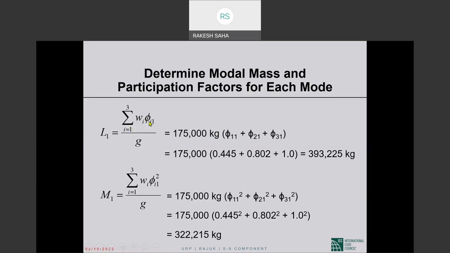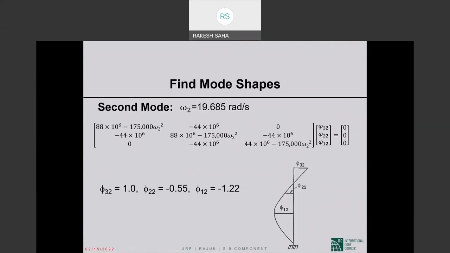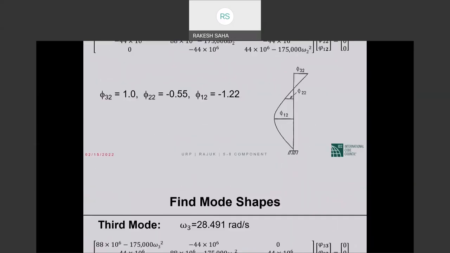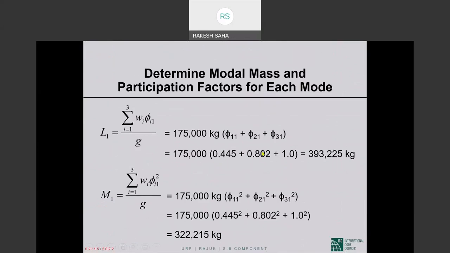Summation of phi i1 over the 3 levels would be P11 plus P21 plus P31. We calculated these numbers. They're just 2 pages up. P11 is 445, P21 is 802, P31 is 1. So 445, 802, 1, that gives us 393 million.